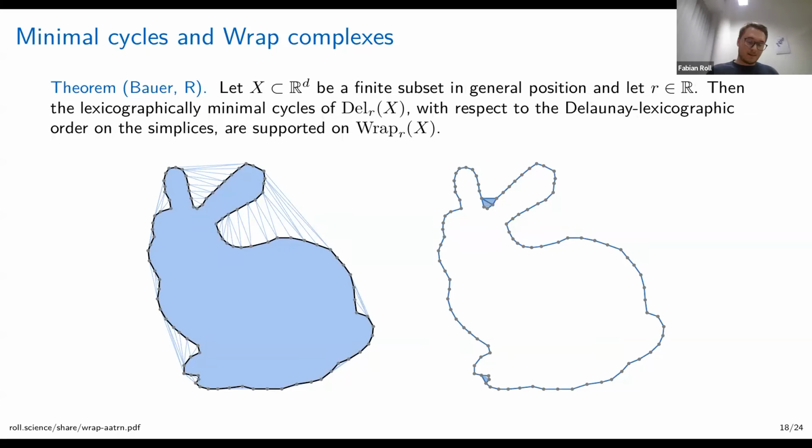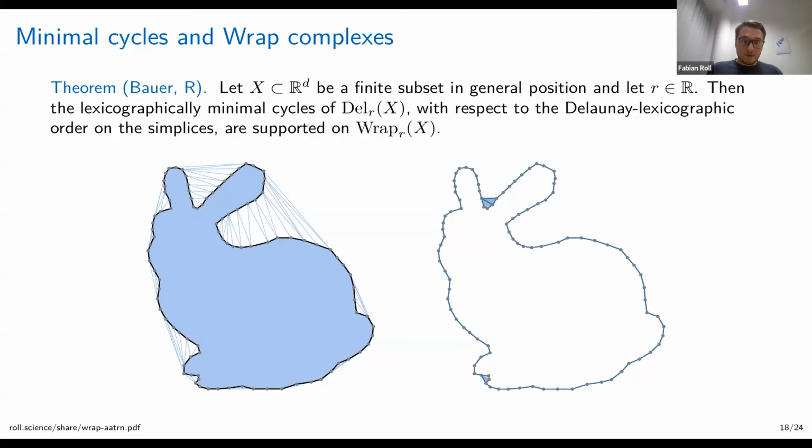I find this fascinating because with this notion of lexicographic minimality, there's an additional layer of algebra built on top of the filtration, which is to say you can add algebraic boundaries to cycles. And the magic is that the wrap complex somehow respects the structure while being a purely geometric object.